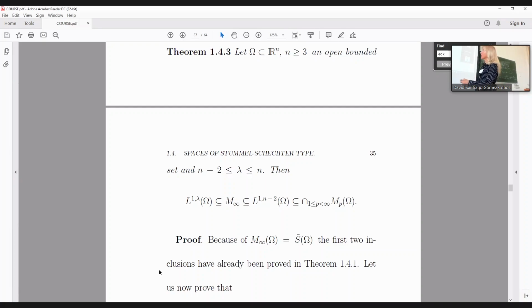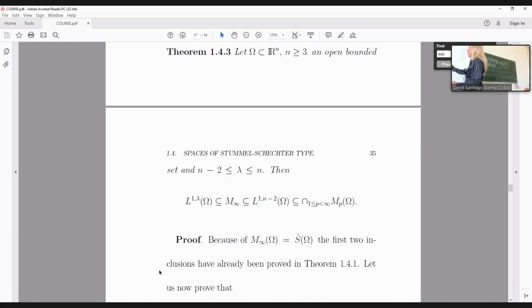Here we have the relation between the Morrey class and the M_p class: L^{1,lambda} is contained in M infinity, that is contained in L^{1,n over 2}, and all this is contained in all the sets M_p. Indeed, I write here that they are in all M_p, that is in the intersection of M_p for every p between 1 and infinity.